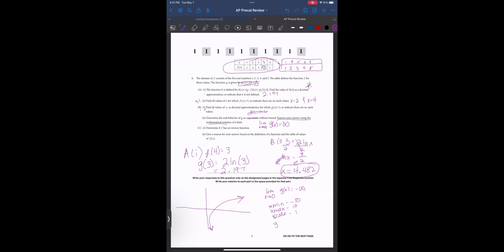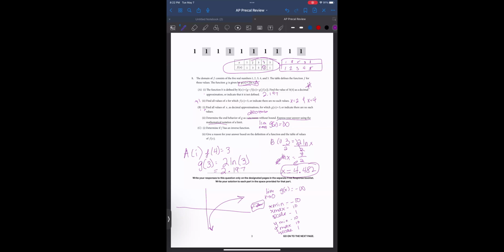And then the same thing for y min, -10, y max, 10, y scale, 1. That should be the window. You have to click the window button, and then adjust it.